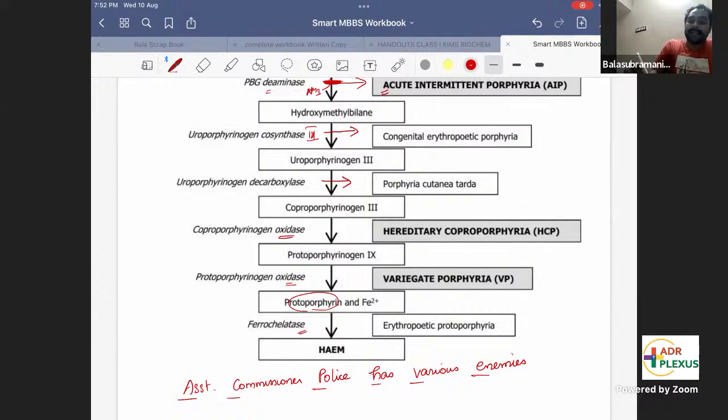Hereditary coproporphyria, enzyme is coproporphyrinogen oxidase. Variegate porphyria, protoporphyrinogen oxidase. Finally, enemies: erythropoietic protoporphyria, ferrochelatase. So that is the mnemonic. Assistant Commissioner of Police has various enemies.